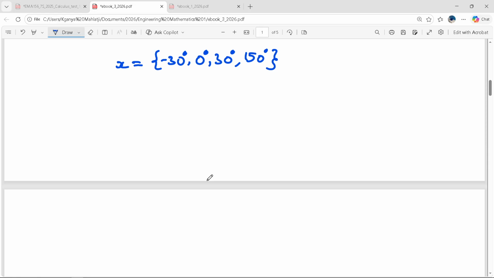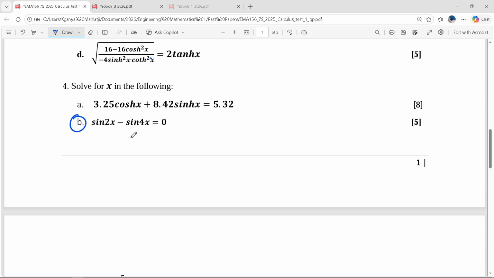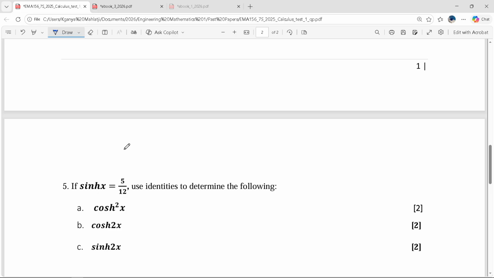Now let's continue to number 5. Remember, this is part 3. We already solved other questions in other parts of the videos uploaded. Number 5, we have a hyperbolic function here.